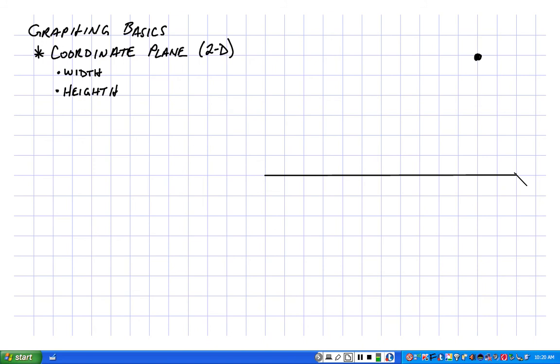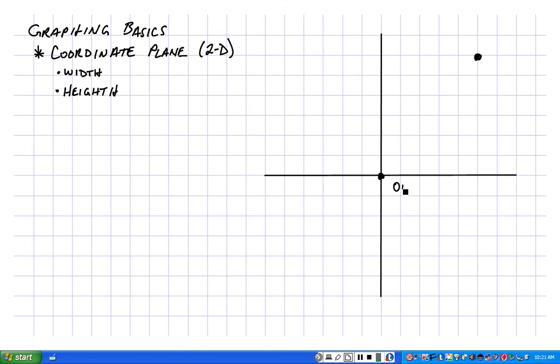Alright. And we can go here. Alright, so that reference point would be, get back to our pen, would be what we call the origin.